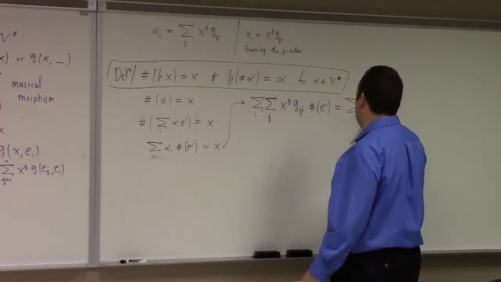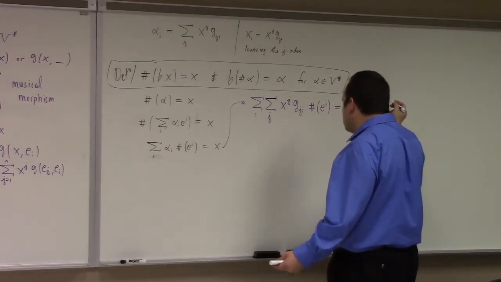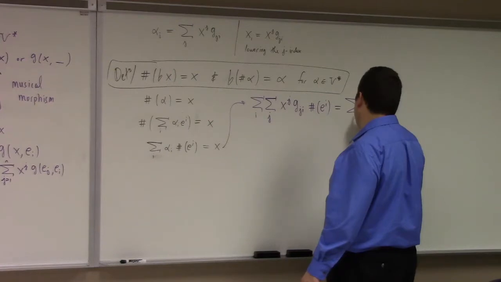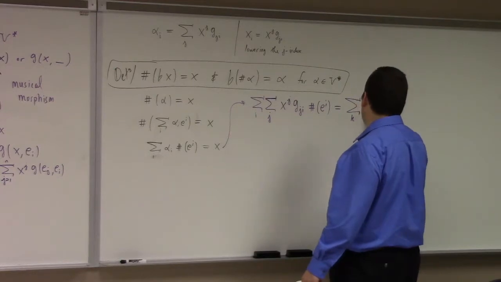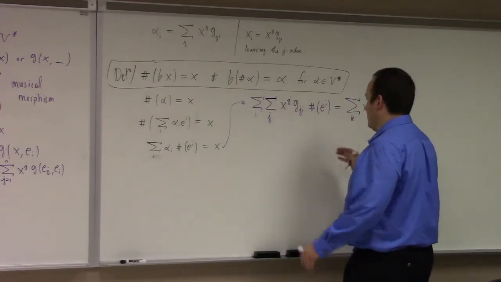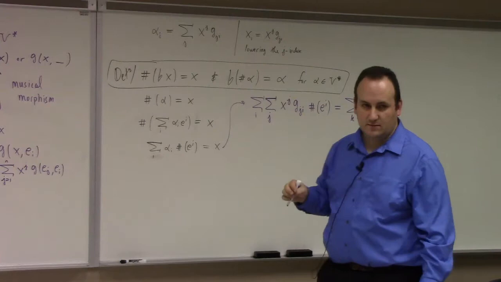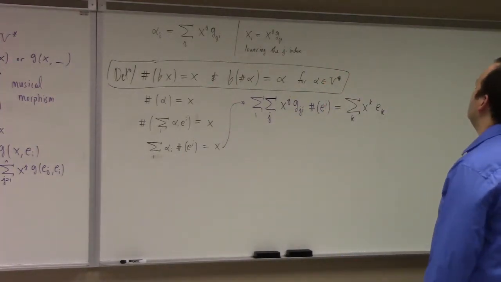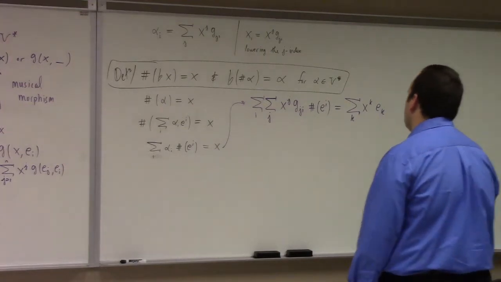Sum over k of x k e k. So if these are going to be equal, fine.